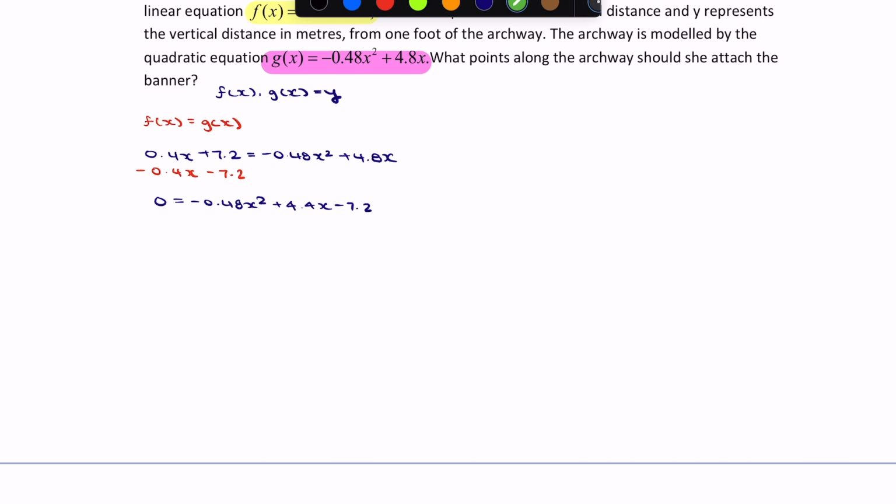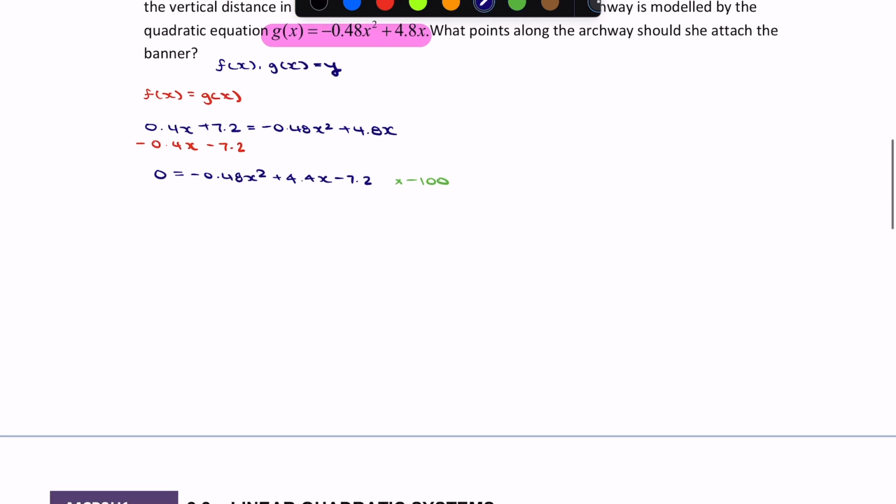To make this easier to calculate, we're going to multiply by negative 100. So multiplying by negative 100, we get 0 is equal to 48x squared minus 440x plus 720.